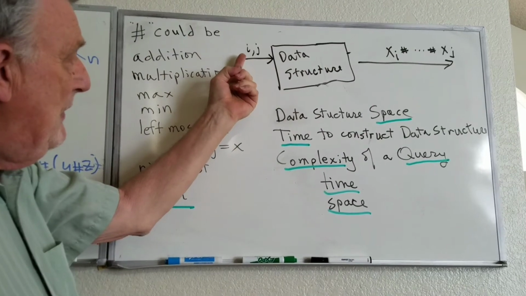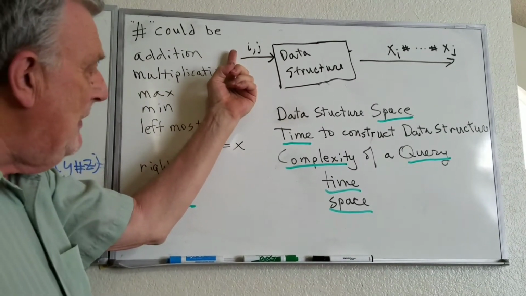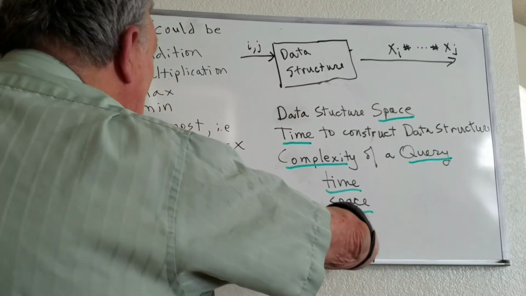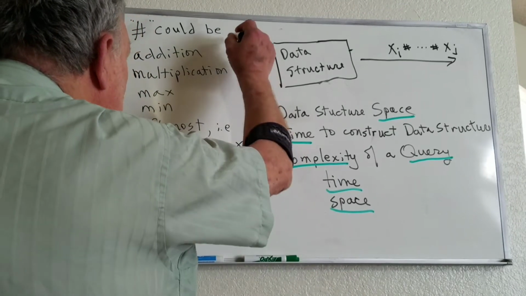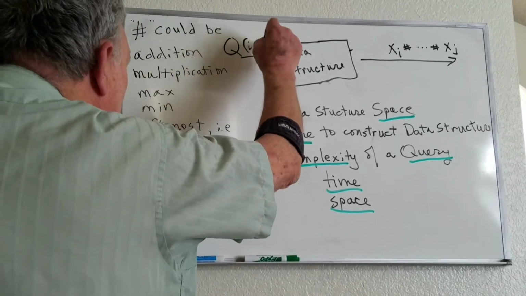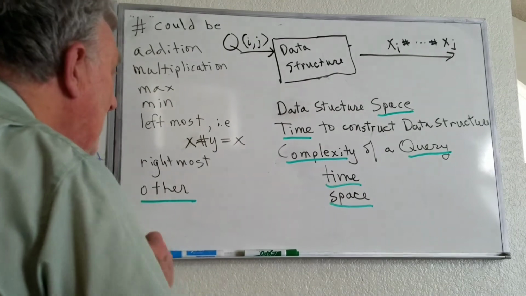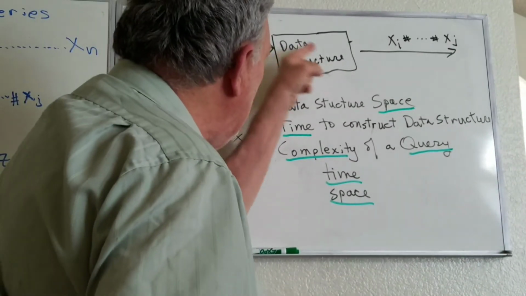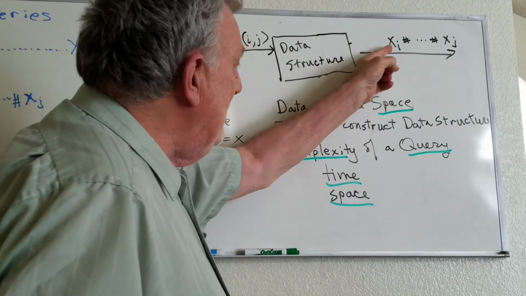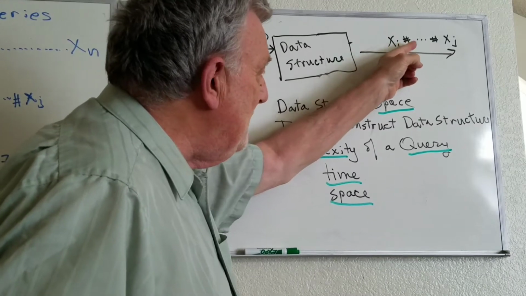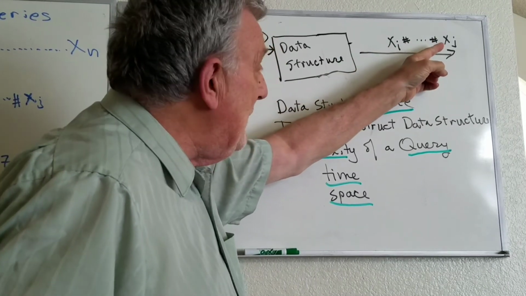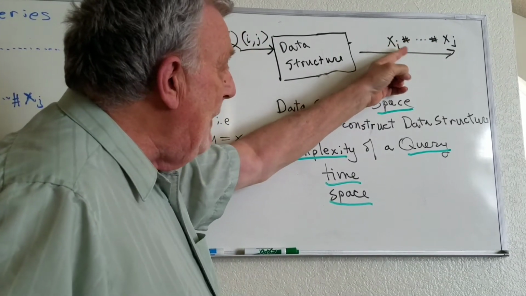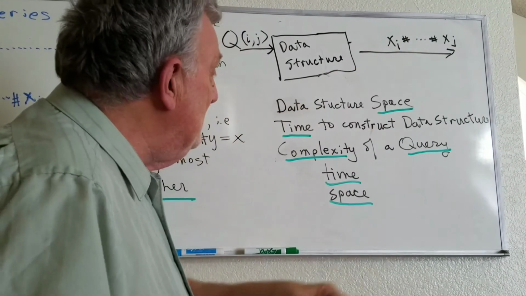If we have an operator called query, so I should really write query here, well, I'll just write Q. Query i j, and then something happens inside here, and out comes the sum. I'll call it sum, even though it may not be addition. And that will be what it returns.